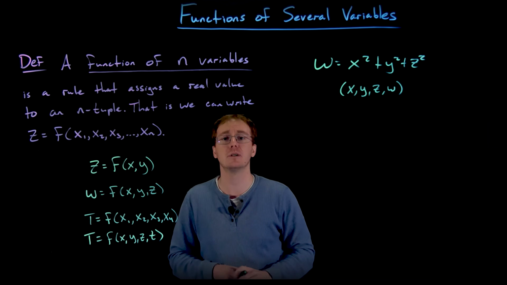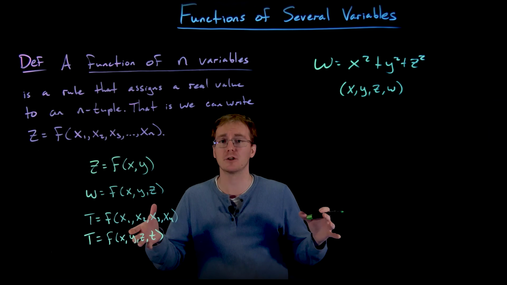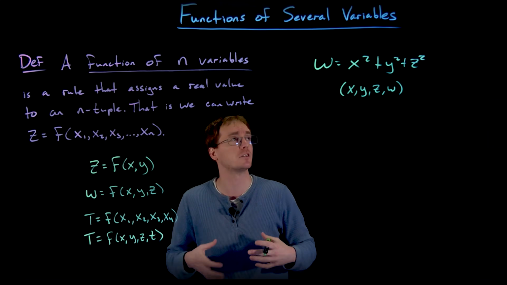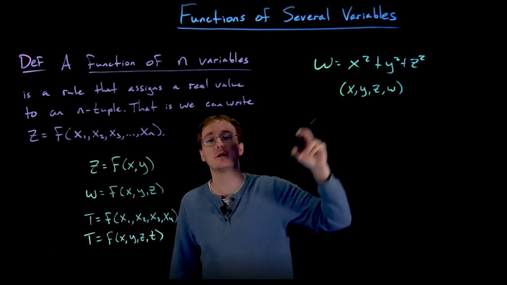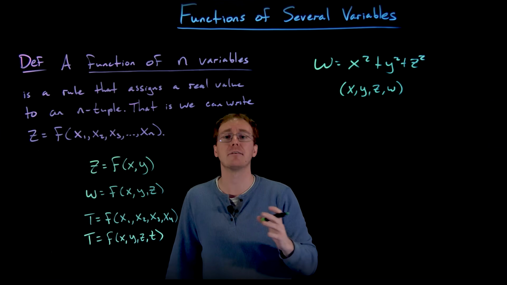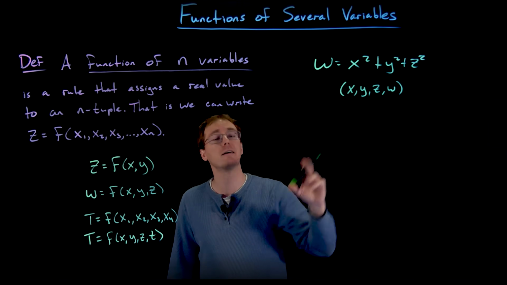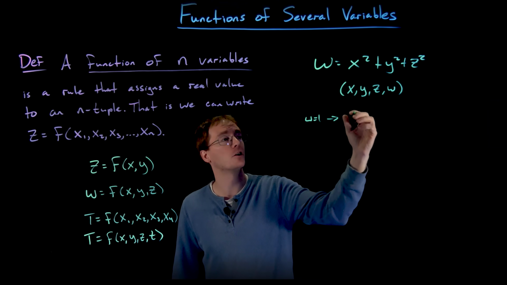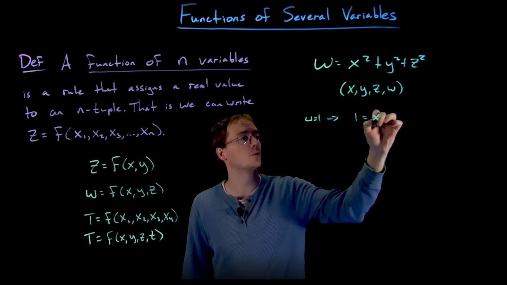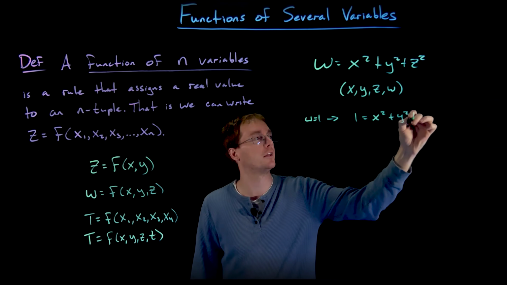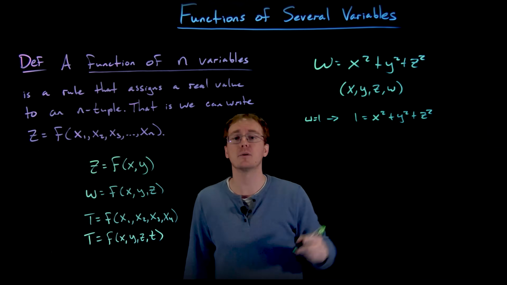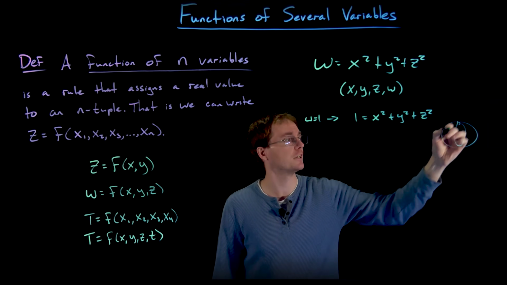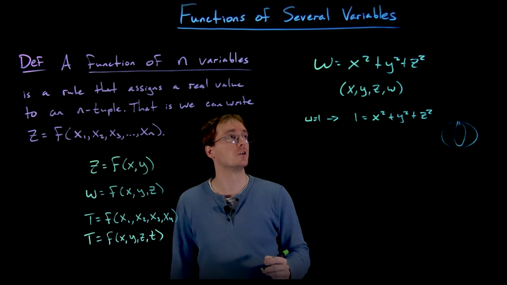The best that we can do is similar to what we did for our three-dimensional surfaces and look at traces, or intersections with a lower dimensional space. We cannot graph this function, but what we can graph are level curves, or really more appropriately, level surfaces for this function. If we set w equal to 1, then our equation becomes 1 equals x squared plus y squared plus z squared, and we know what that surface looks like: a sphere of radius 1 centered at the origin.